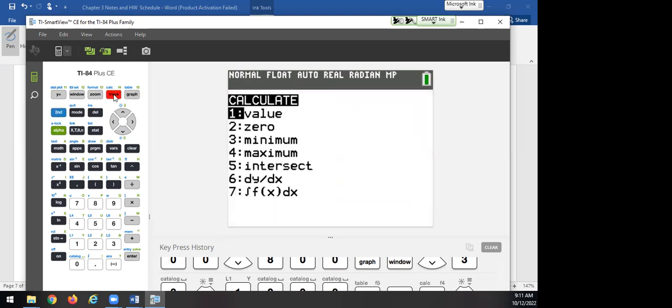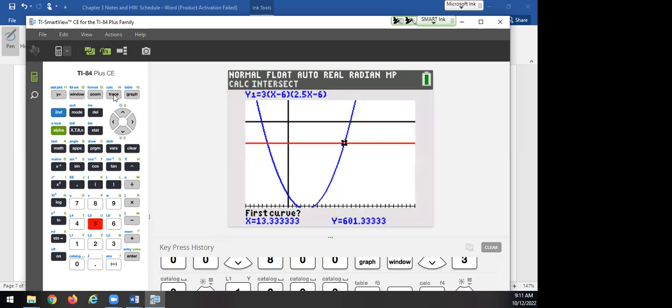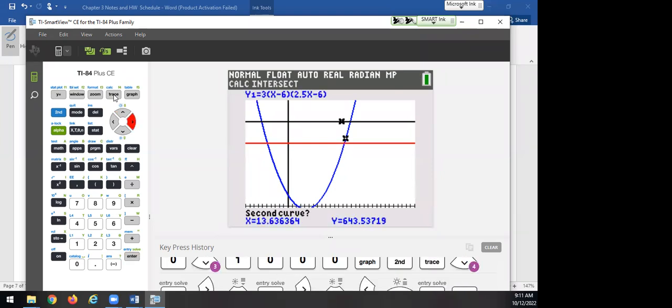Second, calculate, number 5. And just use your arrows. So for my first curve, I'm going to pick the black one. For my second curve, I need it to be on the blue. And then click enter again. Enter 3 times and you'll get 14.68.